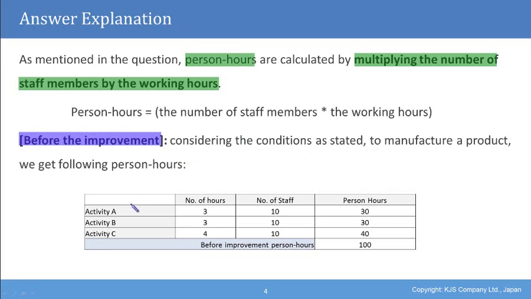So it said each number of hours for each activity A, B, and C, and the number of staff. So from these, we can calculate the person hours for each activity. So before the improvement, the total person hours is 100.